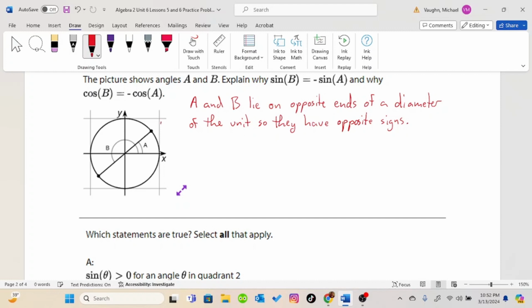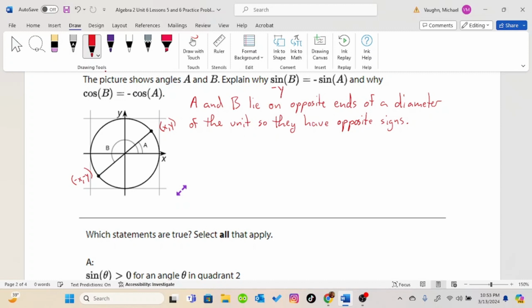Point A is going to have coordinates x, y, because in quadrant 1, x is positive and y is positive. In quadrant 3, point B is going to have negative x, negative y. So when we try sine of b, sine of b is going to equal negative y.